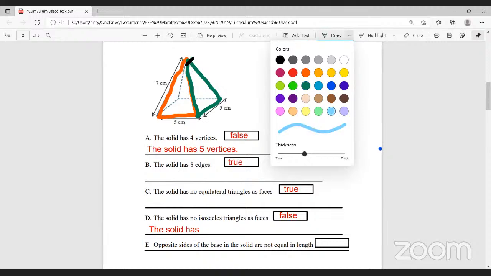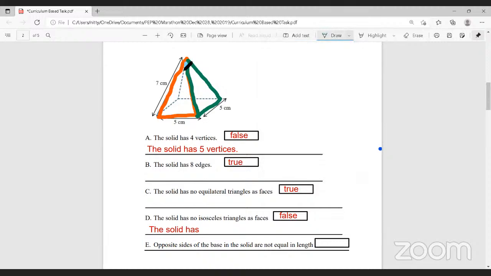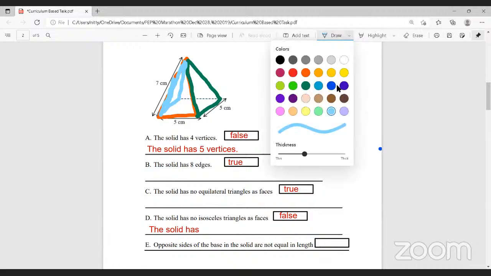Because of how the solid is, it may look as if the sides are not the same length. But remember that they're coming from the base to the apex. So we have to think about it that way. So this is another triangle. And if we look at it from that side, it will be an isosceles triangle. So there we have 3 isosceles triangles so far.